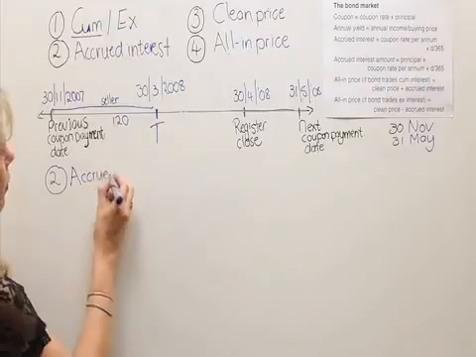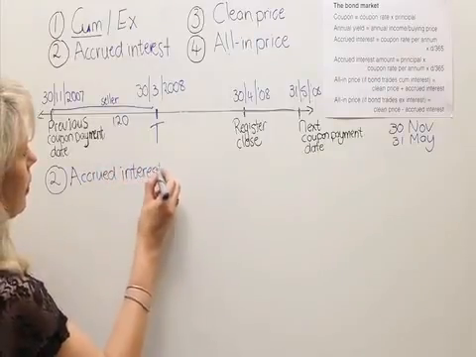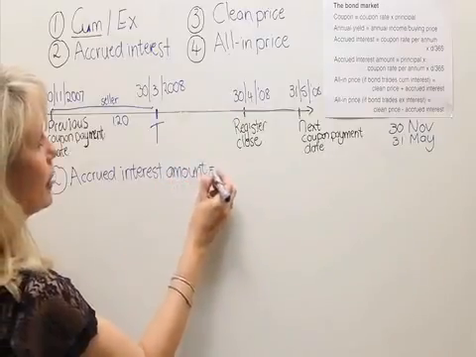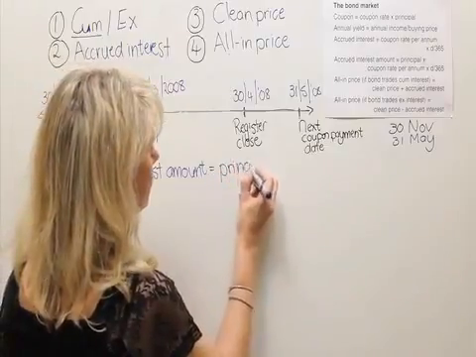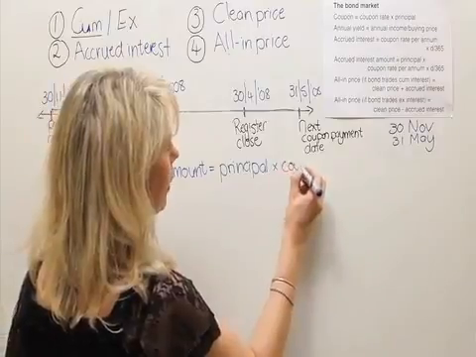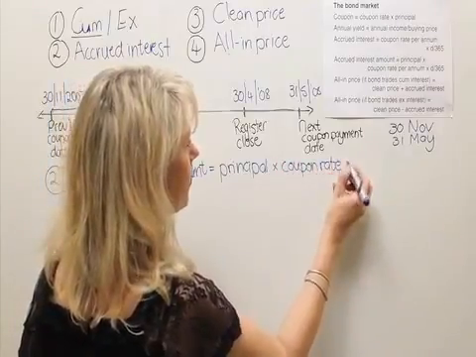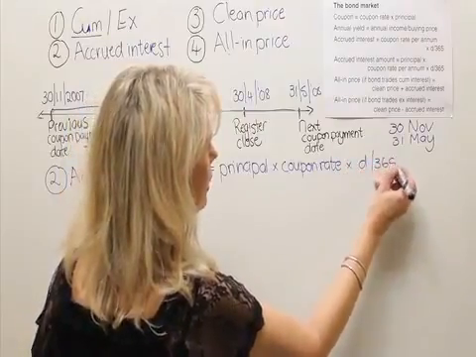The accrued interest amount is equal to the principal times the coupon rate per annum times D divided by 365.